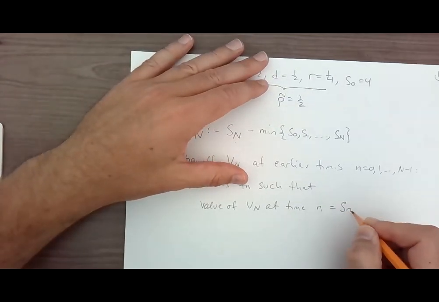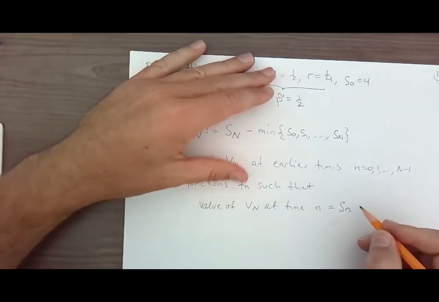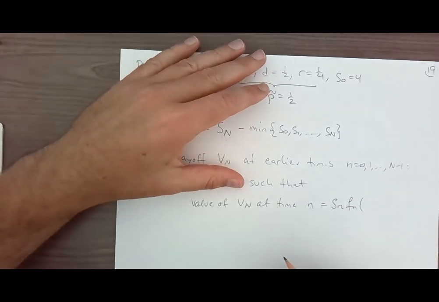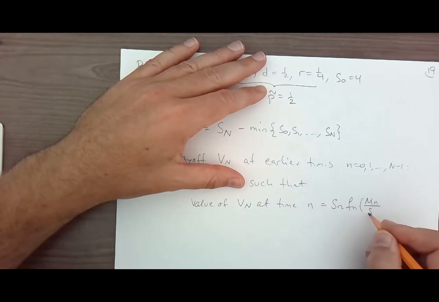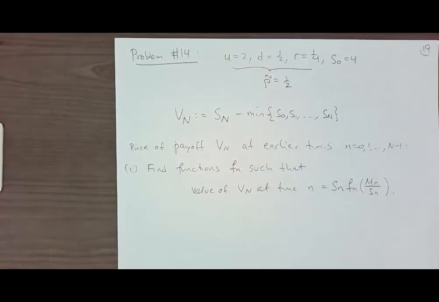You take the stock price at that time, Sn, and apply the function fn to Mn divided by Sn. Your job is to figure out how to calculate fn, and it says you can use a backward recursion, which is what we also did in class.